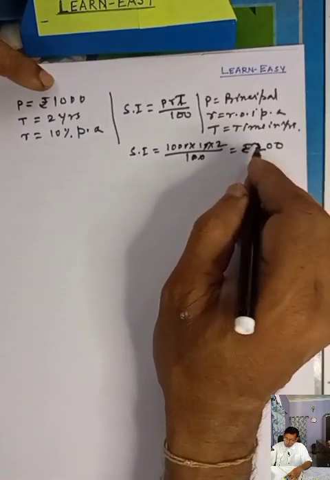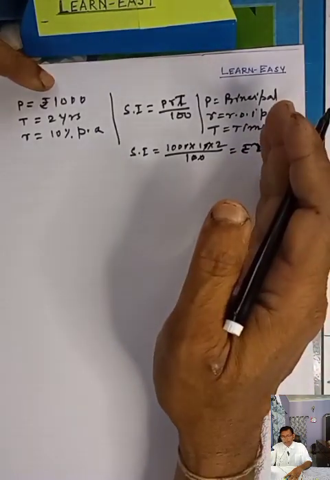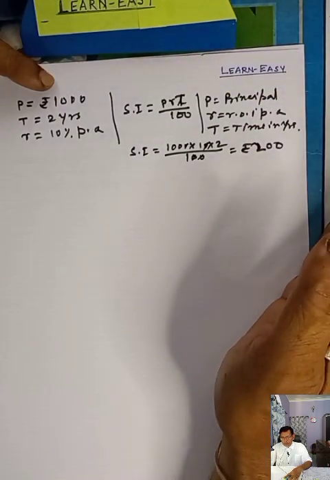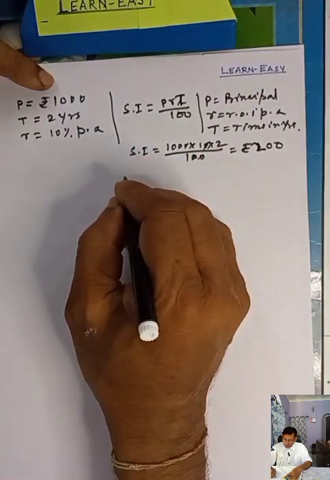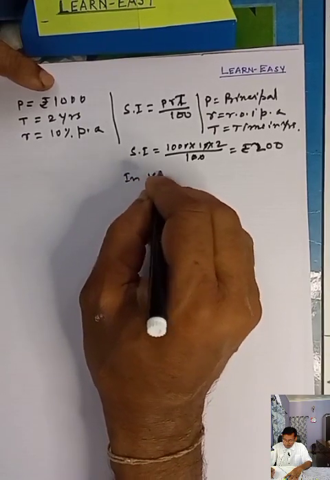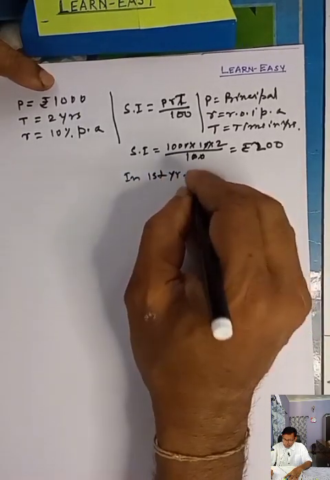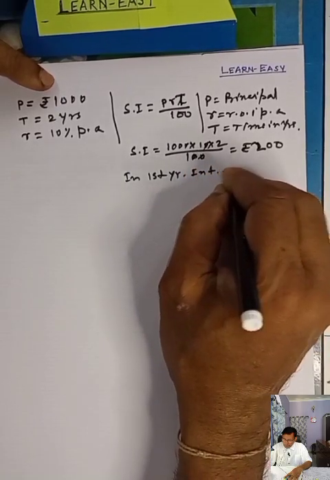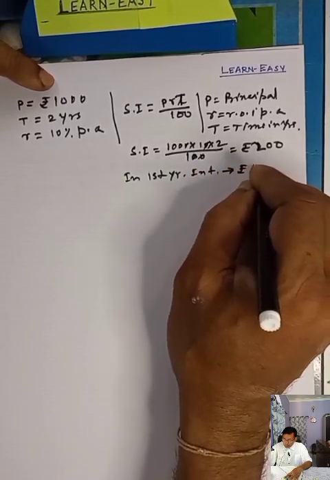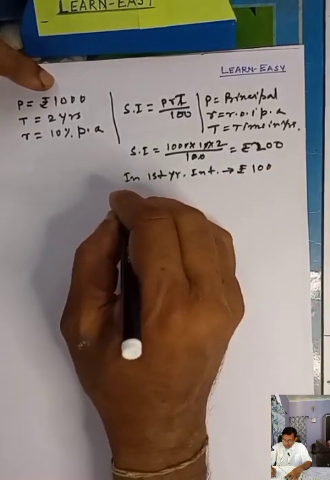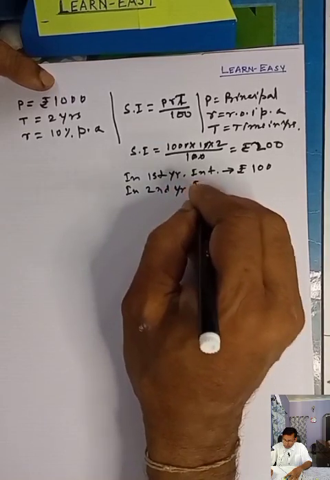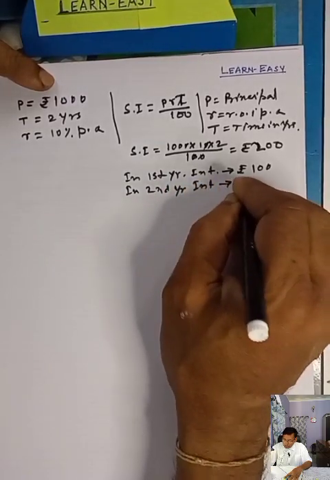This rupees 200 will be distributed: at the end of the first year 100 and at the end of the second year 100. So in the first year, interest you will get rupees 100, and in the second year interest you will get rupees 100.